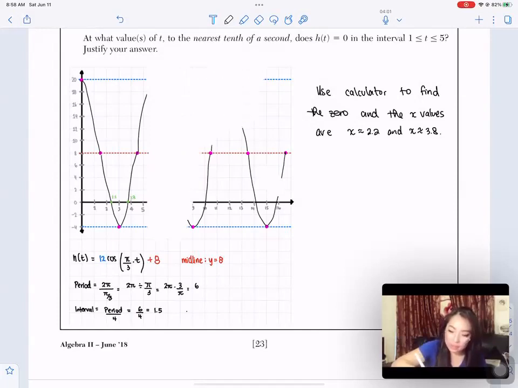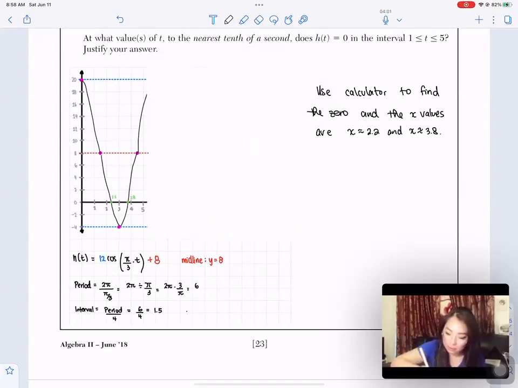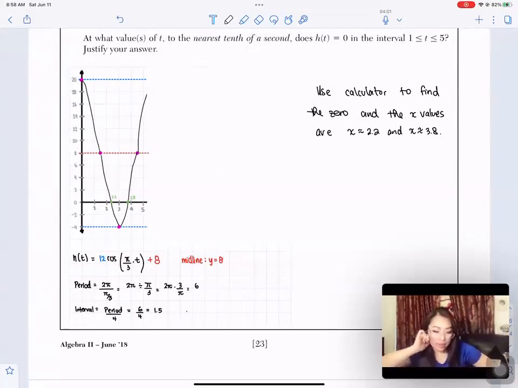I don't even need to look at all of this. This is not part of my diagram. And I also don't need the other part from 0 to 1, right? But it's there because I think the numbers on the y-axis is important. So I'm just going to leave it there. It doesn't matter because they're looking for the 0, which is going to be 2.2 and 3.8.